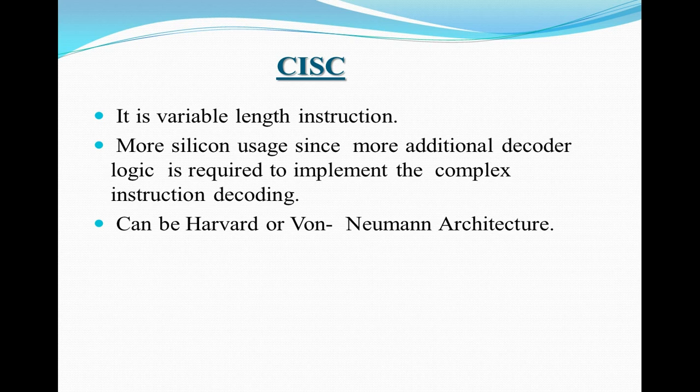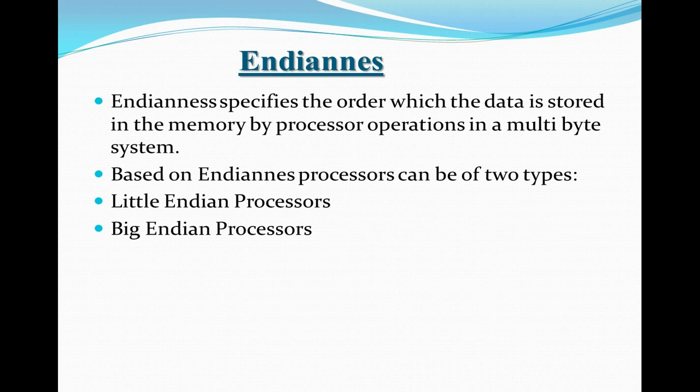Similarly, CISC, the complex instruction set computing. The name itself says it is complex. Complex means it has more instructions compared to RISC, and that might make your programming lengthy. By using a number of instructions, the program may get lengthy.